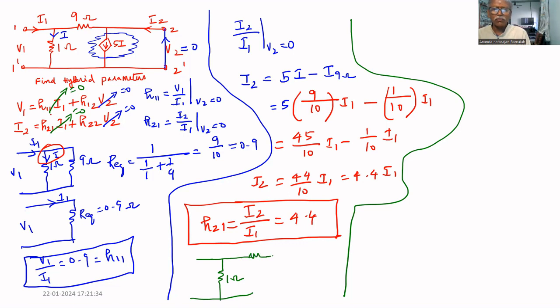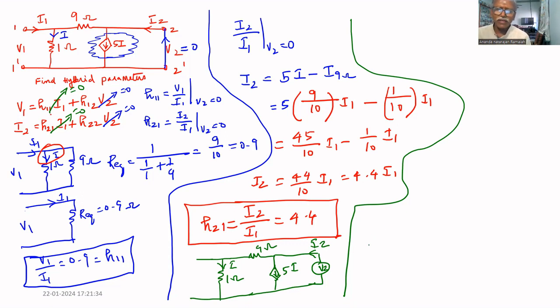This is 9 ohm. Current through this is 5I. Current through this is I. Current through this is I2. Voltage applied is V2. That's all.